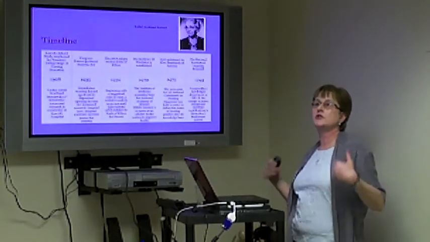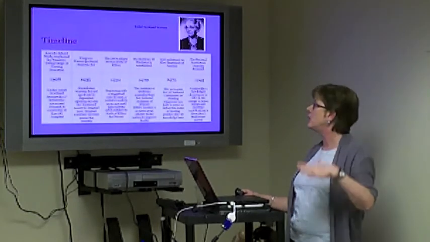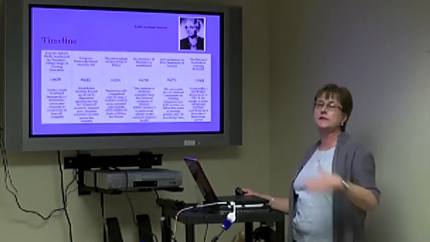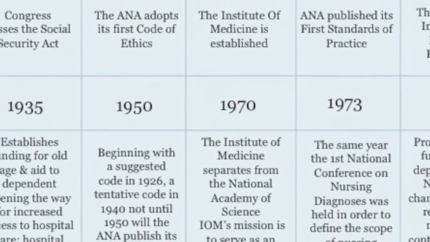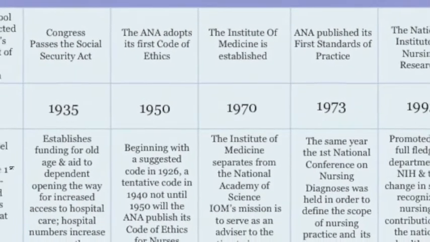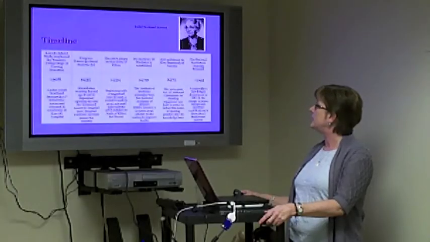But again, it's that push towards looking and saying, we're a profession, we need to know exactly how we're going to state our obligations to the public. In '70, as I mentioned before, the Institute of Medicine was founded as a separate branch of the National Academy of Science, an advisor to the nation to improve health care.